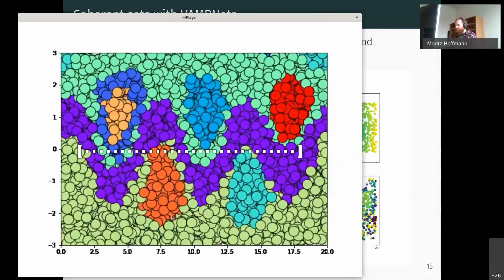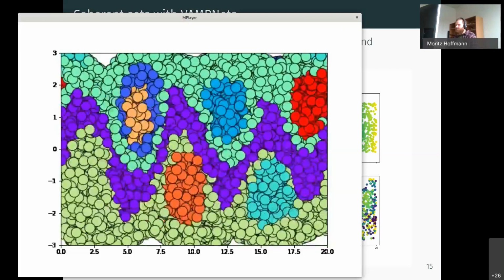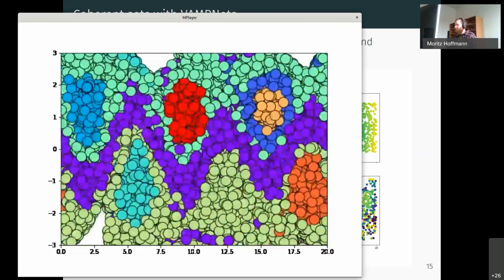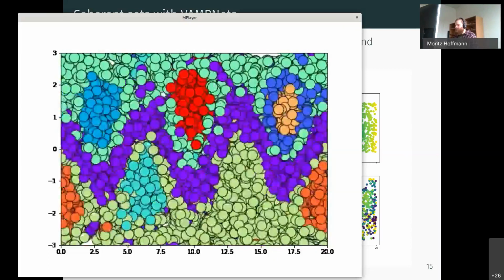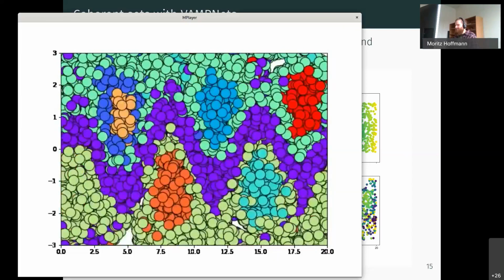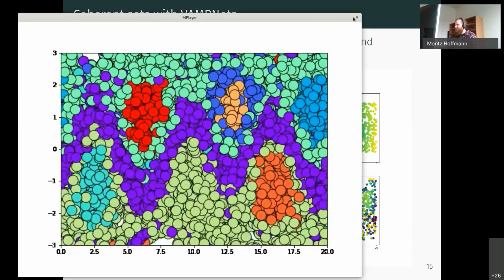This is something that also comes out of VAMP, where you optimize the singular functions with a neural network to maximize the VAMP score. Then suddenly you can see structure in here. This is also something that you can do with it, which is not very related to molecular dynamics, I'll admit, but nice to look at.